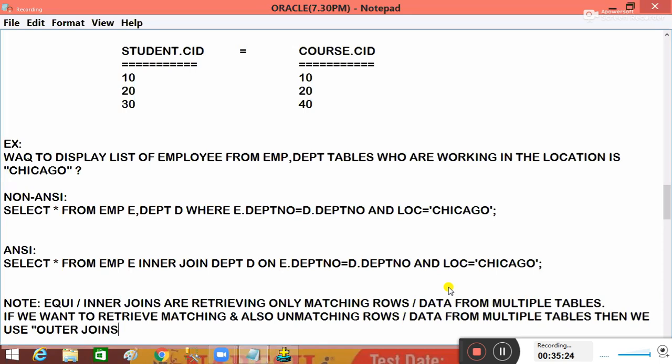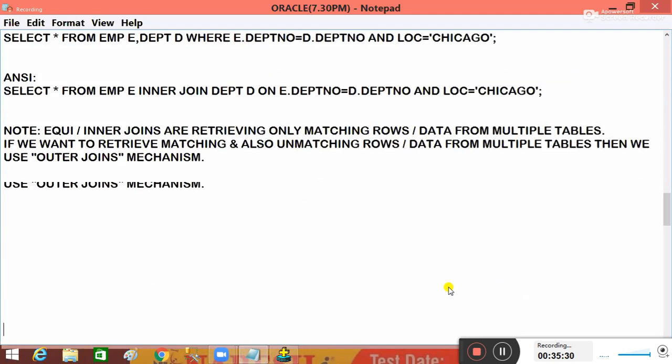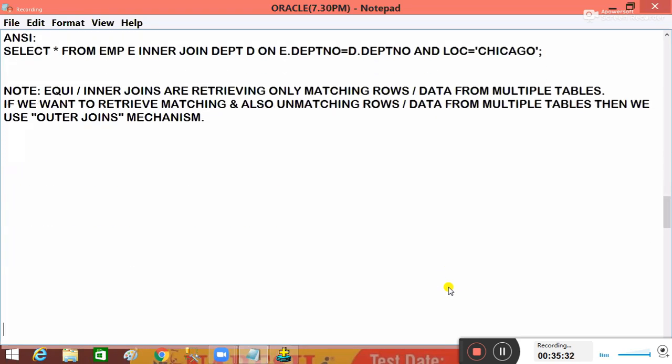Outer joins mechanism, I need to use it here. Understand my point now? So I want to use the outer joins mechanism.